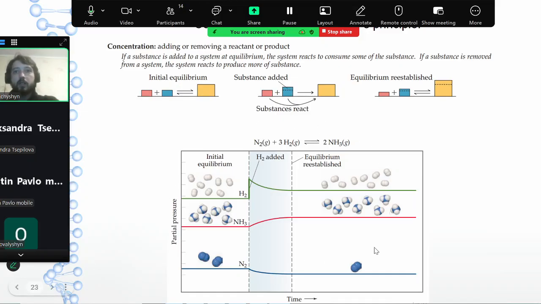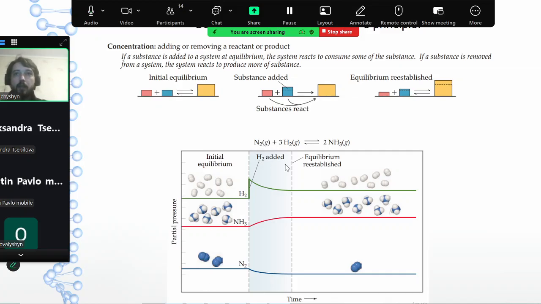And here is some plot that shows you some initial equilibrium that we have in the system. So we have these three gases. They are in the equilibrium, so some H2 plus N2 are transformed into NH3. Some NH3 is degraded back to N2 and H2, but basically concentrations stay the same.